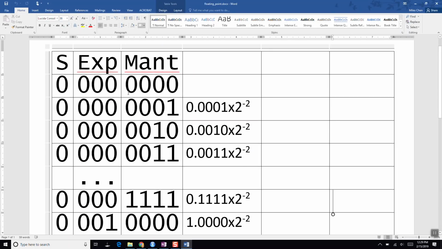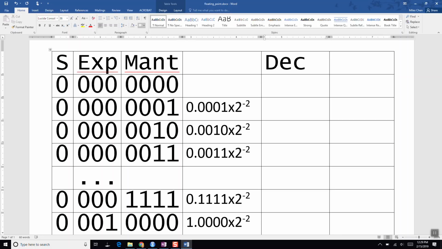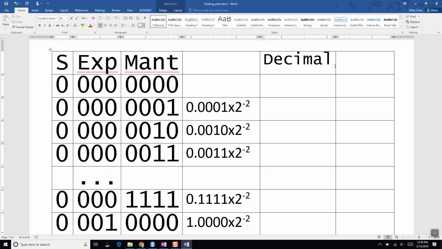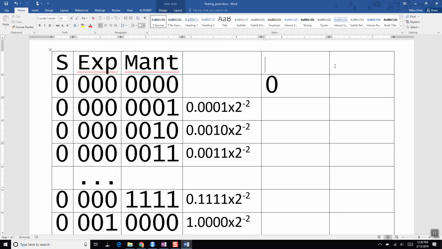Okay, so this is our mini float with 8 bits. All right, over here I have 0.0001 times 2 to the negative 2.